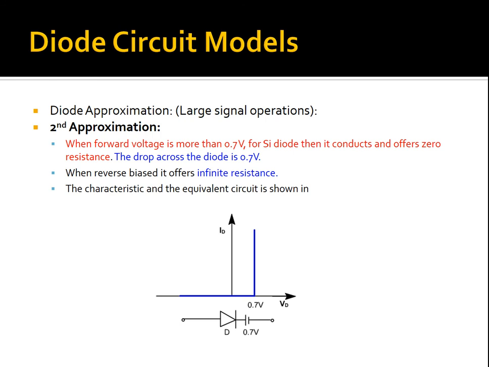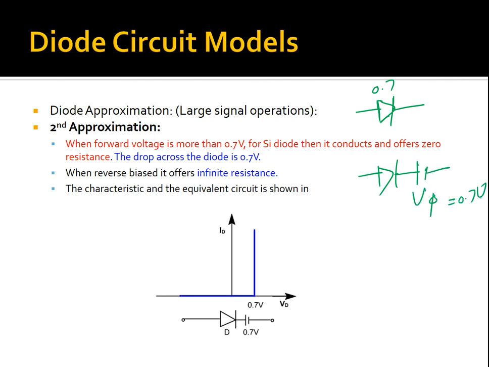The second approximation of the diode, as we learned last time, is that there is a barrier potential across the diode. Once we apply a voltage greater than that barrier potential, typically 0.7 volts, the diode conducts. So I can model this as a voltage source, which is the barrier potential.